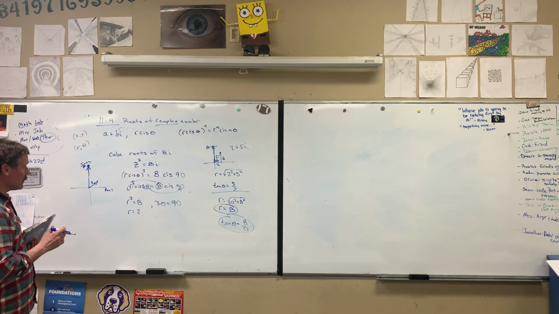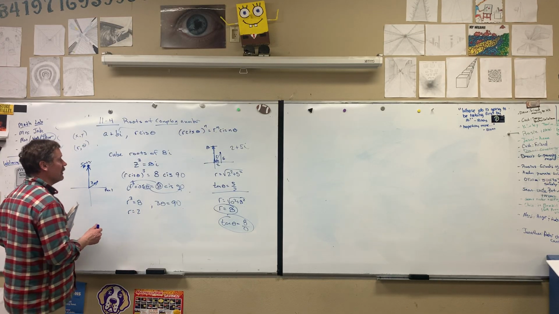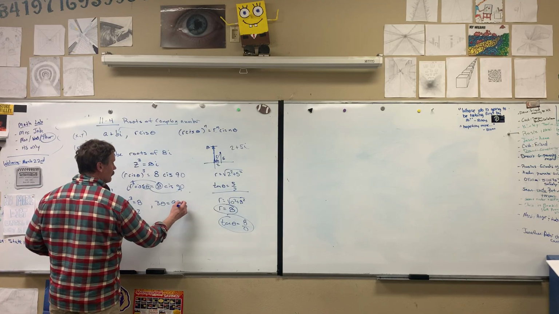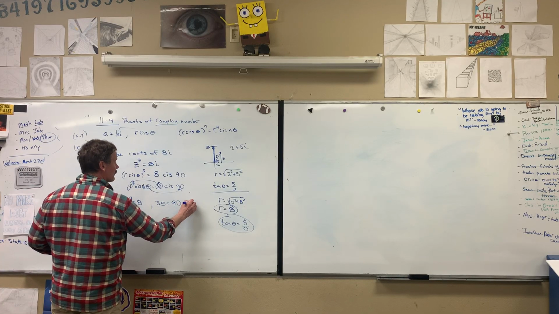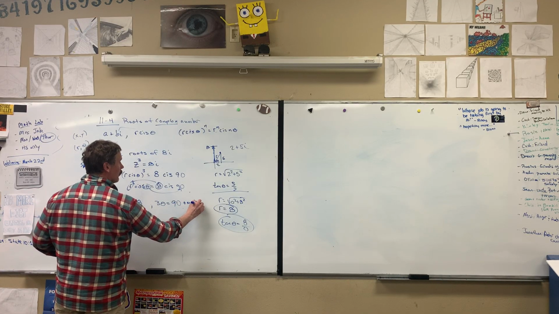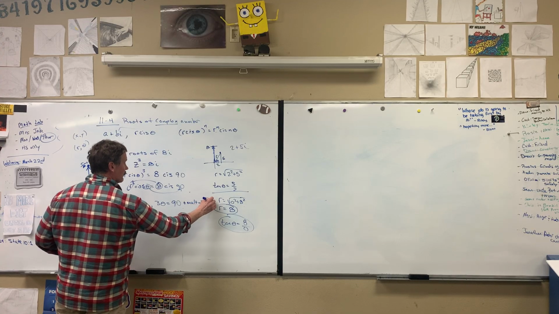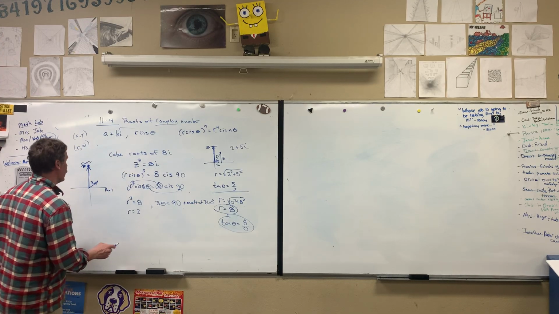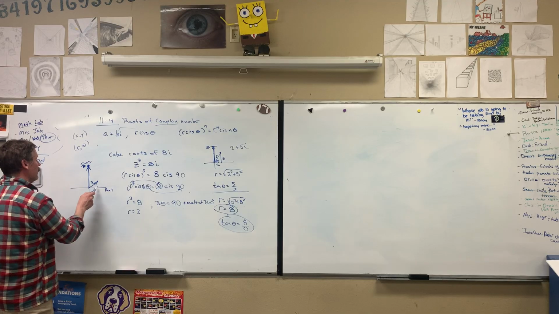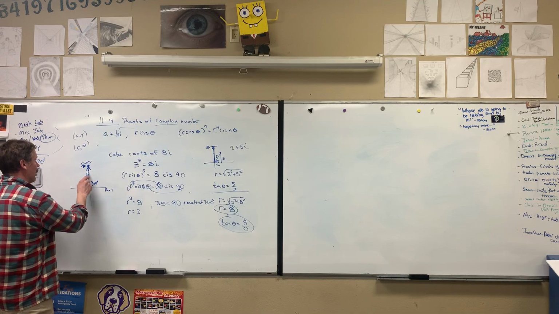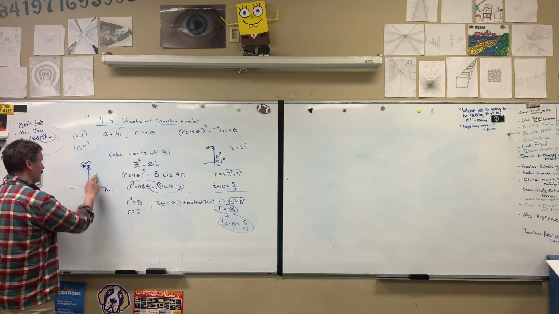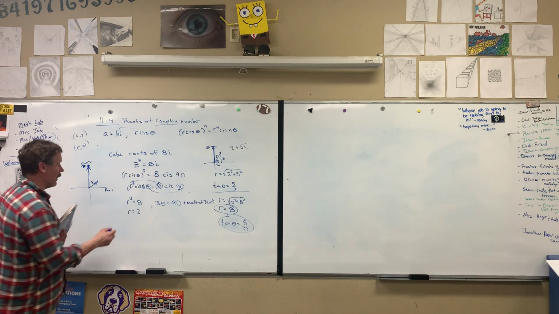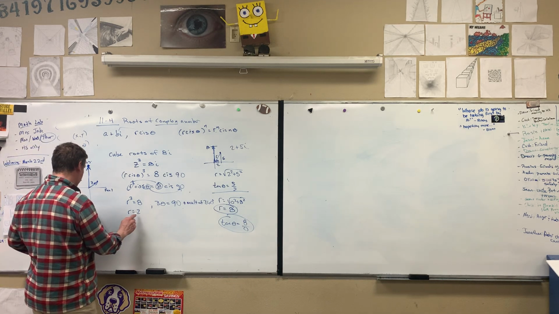Now, the issue with the 90 is that this can actually be plus multiples of 360, which we did in trig stuff. If you go up to here, then 360 around, 360 around, you're just going to end up in the same spot. So r is equal to 2.